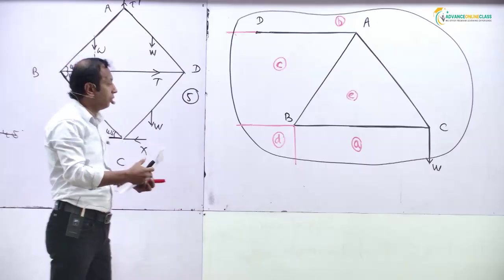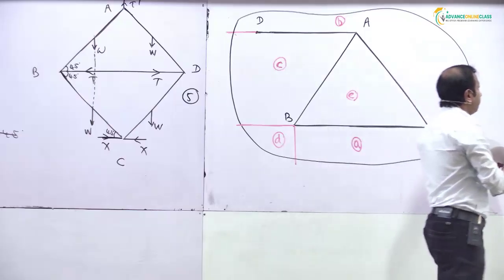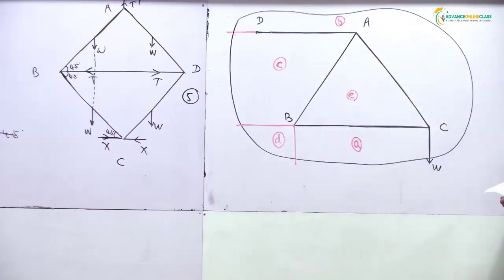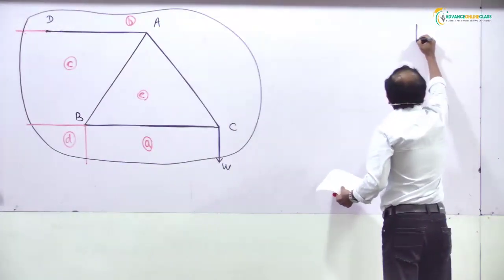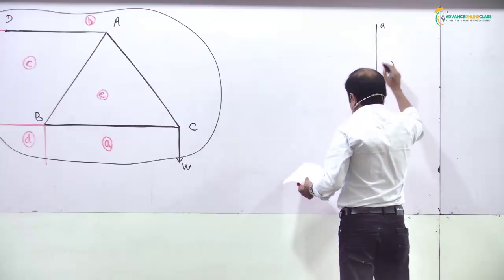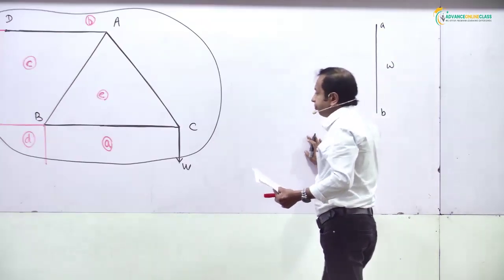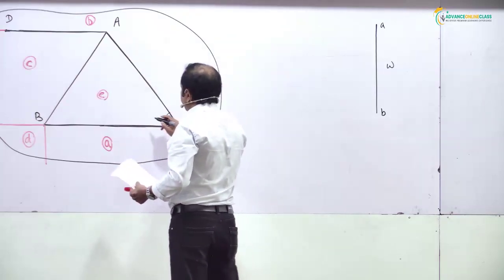Right. We'll come to joint C. AB downward W. This is 60, and this is also 60.